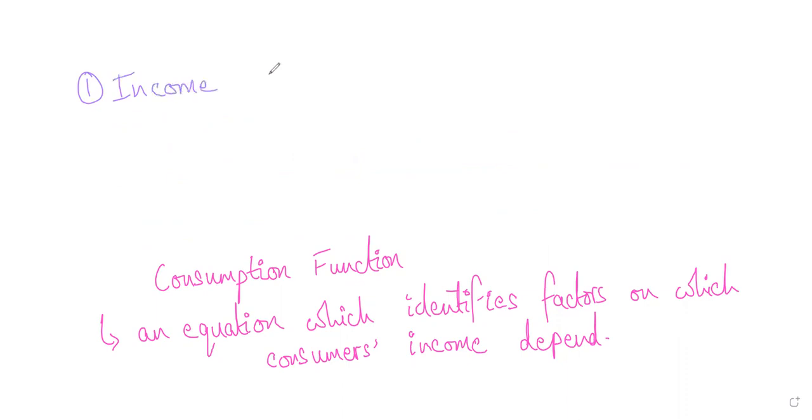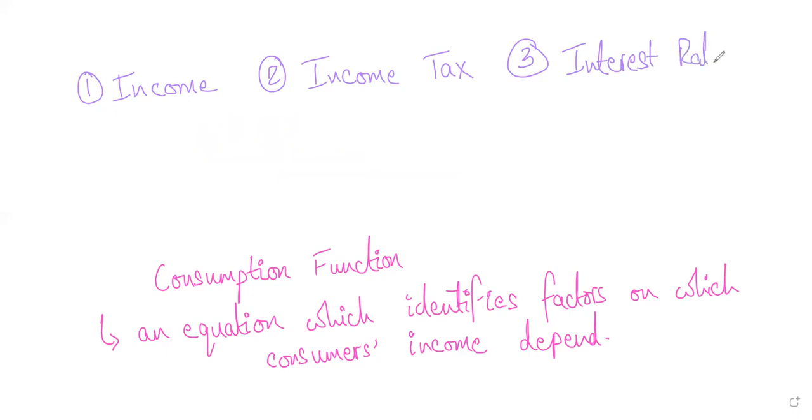Another factor that affects consumption of an individual includes income tax. Then it is the general price level. Then other factors can be important, like preferences of consumers, inflation rate, and so on. So there's a long list, and interest rates. So these are all the factors that affect consumption of an individual.